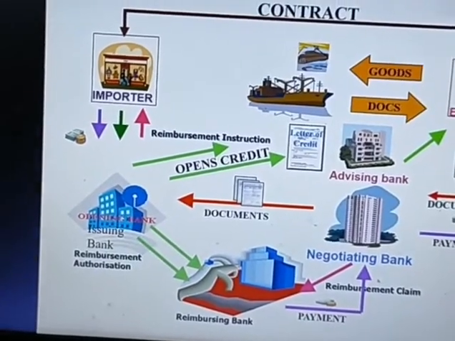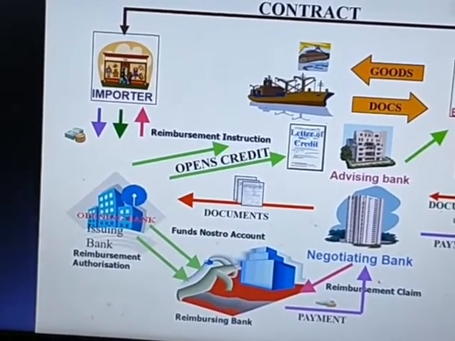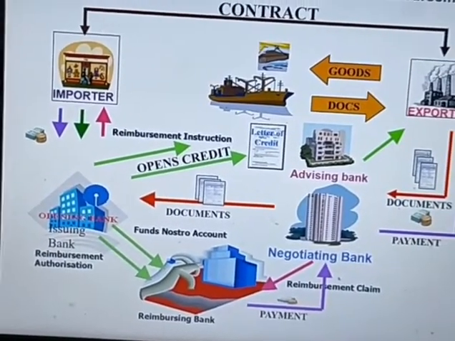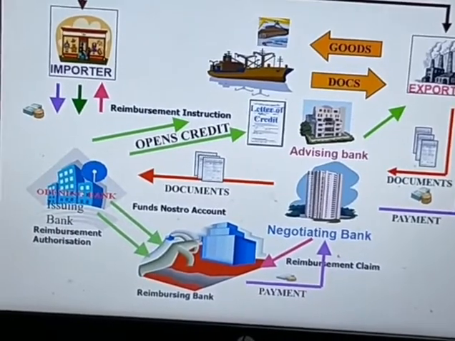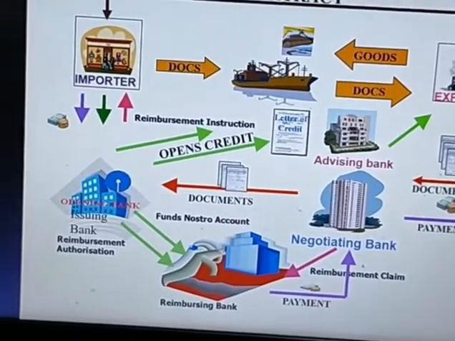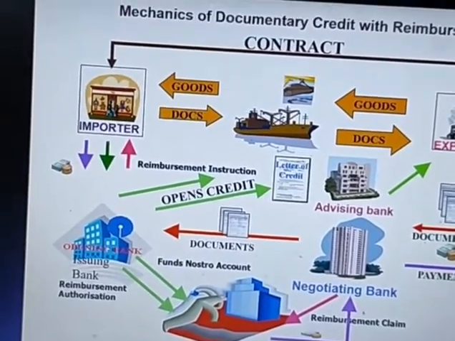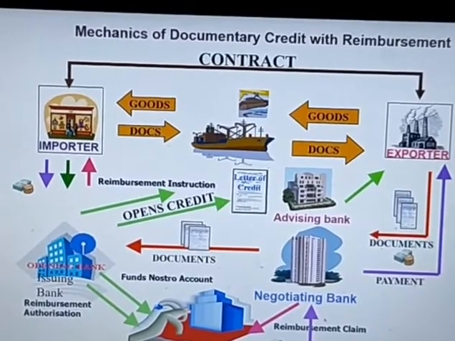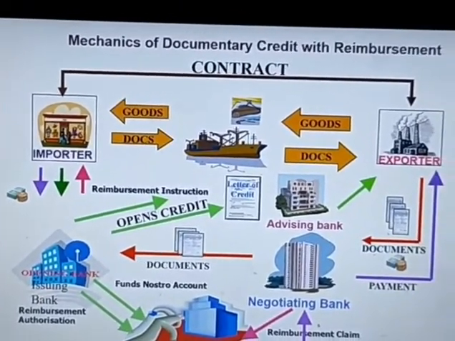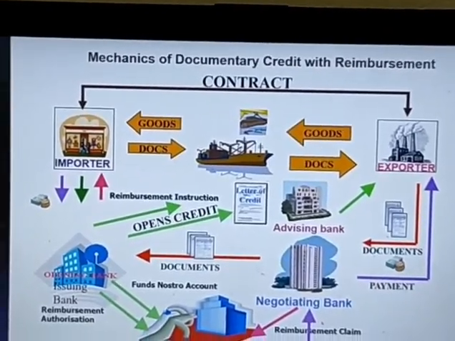Then they will give the documents to the importer. Thereafter funds, the nostro account, will be created in the issuing reimbursement bank, and the importer will take the documents and take the goods. So this is about the mechanics of documentary credit with reimbursement.